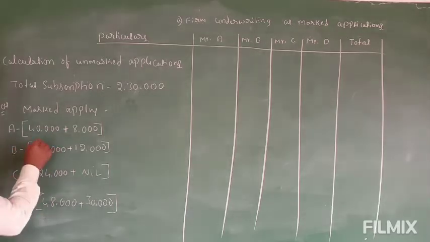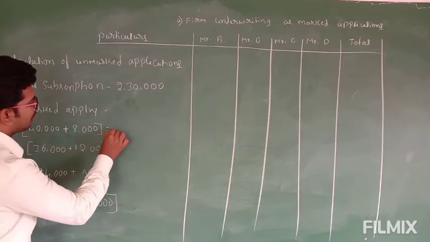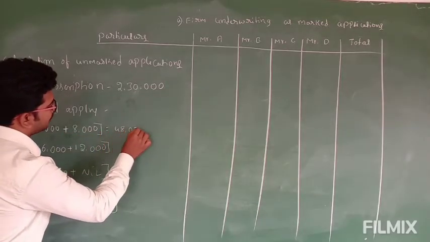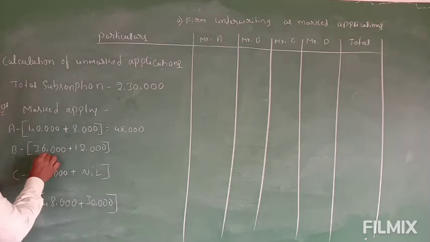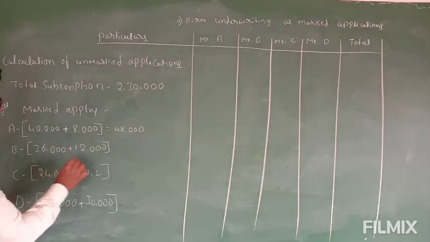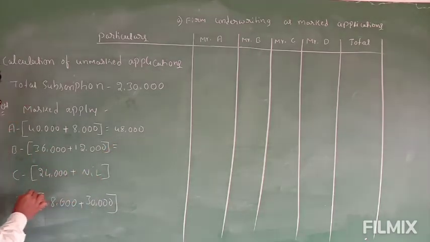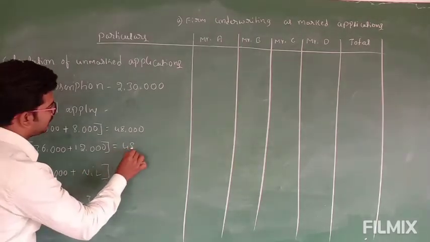So make a total of it: 40 plus 8,000, 48,000. 36 plus 12,000, again 48,000.